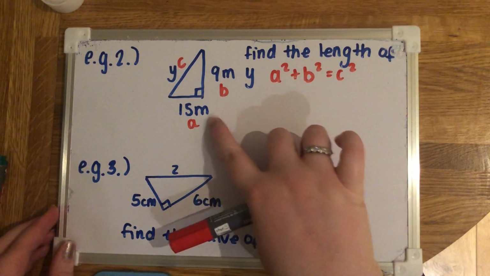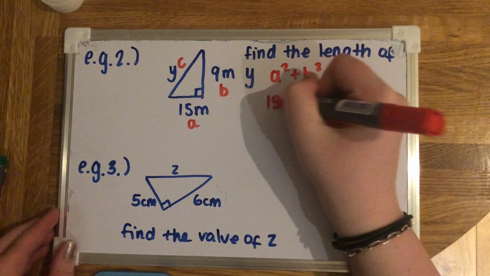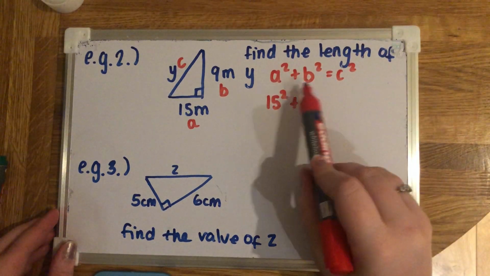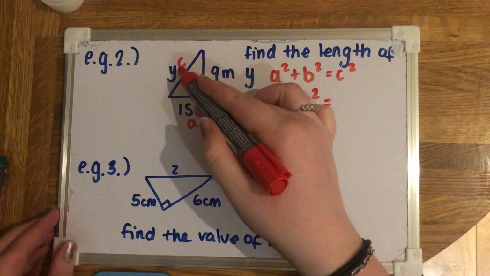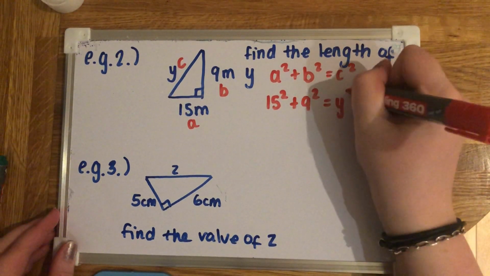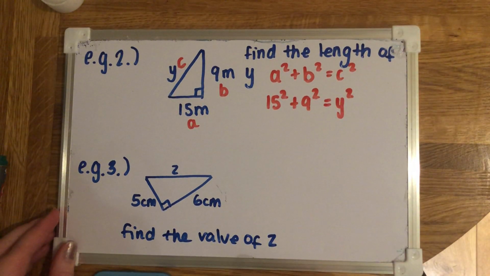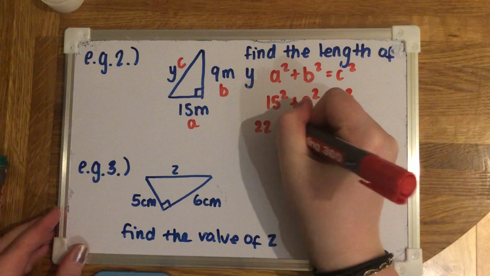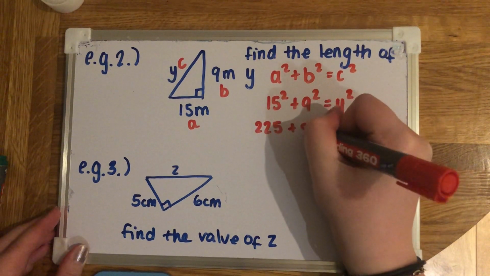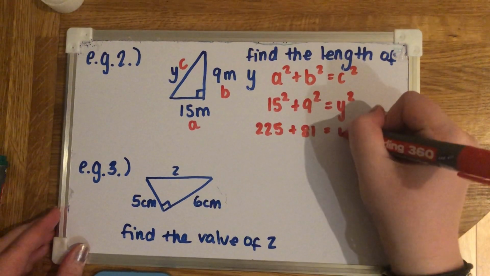So A is 15, B is 9, and C is the letter y. Again, we will actually work out what 15 squared is and what 9 squared is. So that's 225, that's 81.